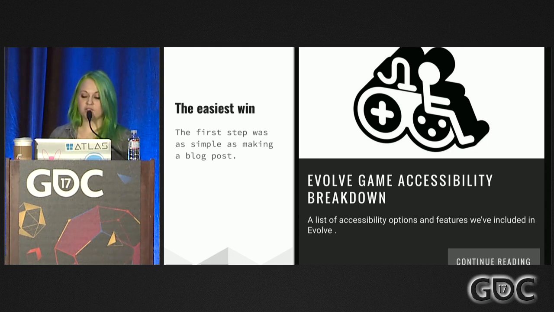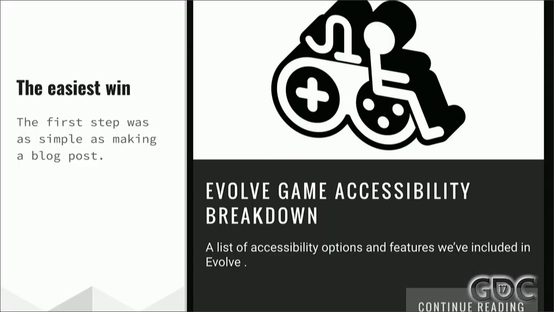We state what features we had, the options associated with those features, and we were honest about what our title didn't have. So pretty early on, we decided that we would rather be open about our game's features, and if we didn't have something, be honest about it, and hope that in the future we could be better, and maybe even deter someone from buying our title in some cases, rather than having them buy it and go through that experience where they just spent their money on something they can't use.